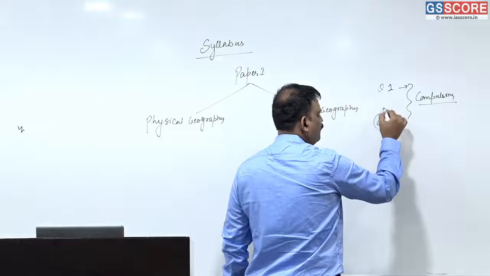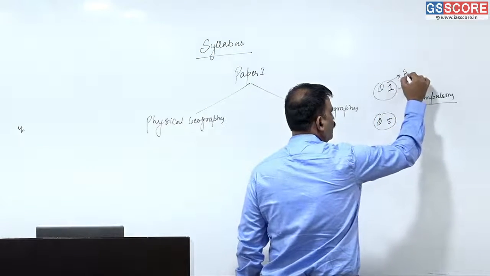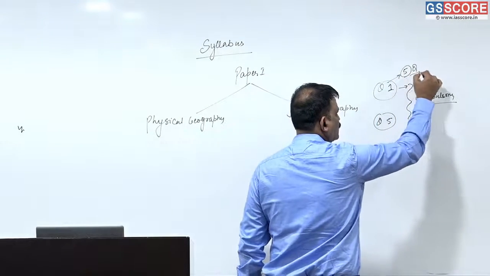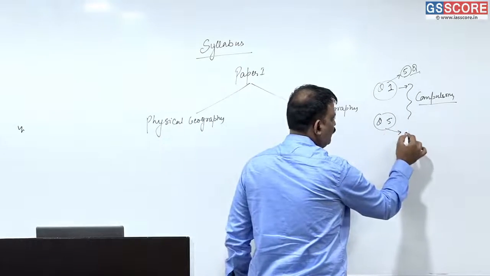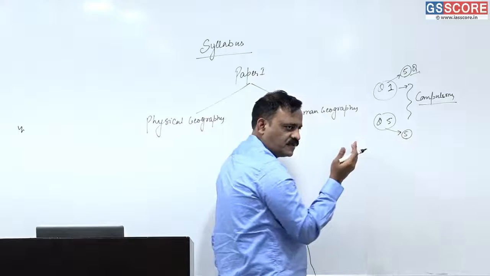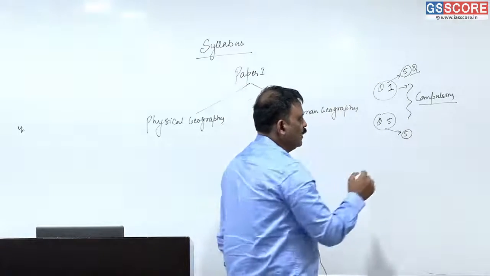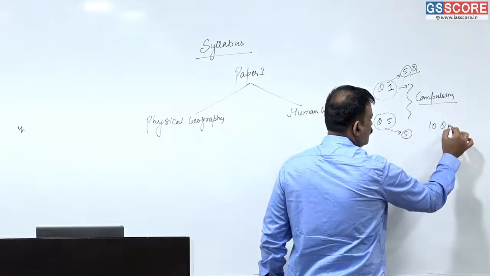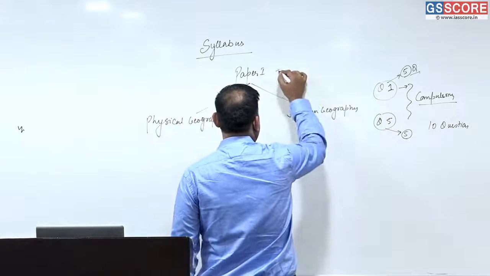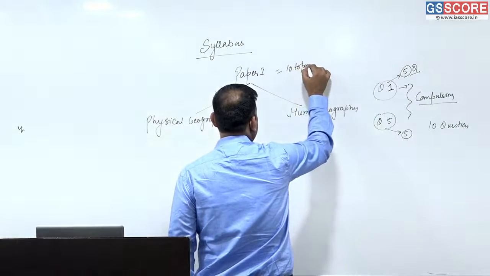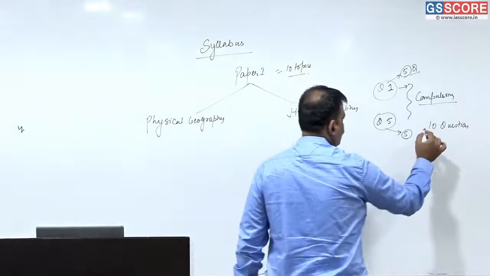You have 5 components in question number 1, and 5 in question number 5. So in all you have 10 questions, and for paper 1 you have 10 topics.